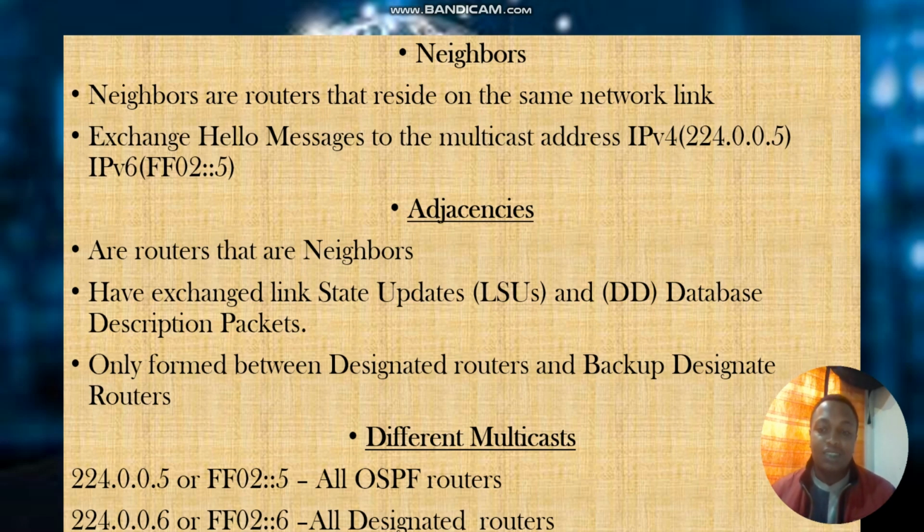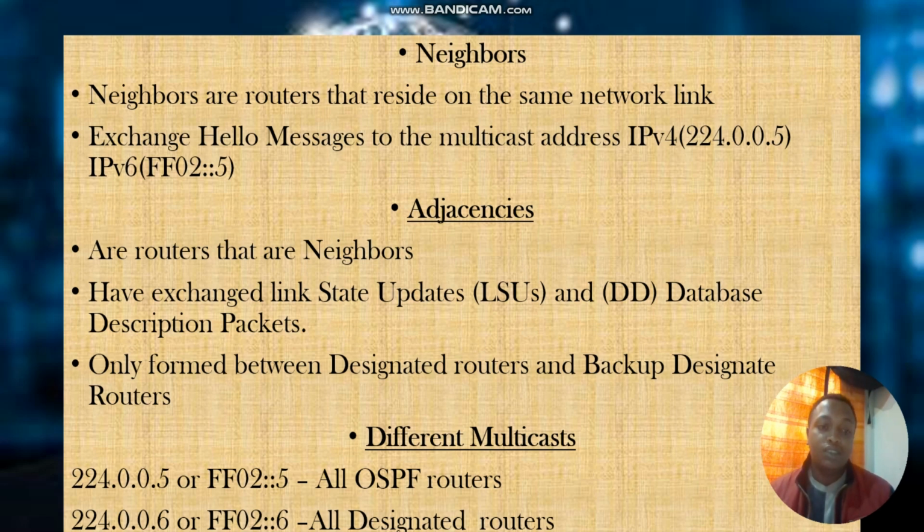Adjacent routers are neighbors that have exchanged LSUs, which carry the information about reachability of a network, and have exchanged database description packets that give the state of their database. They have exchanged the state of their database with each other. So if one router needs to confirm the route to another path, it's going to consult its adjacent neighbor, and it's going to get that specific path.